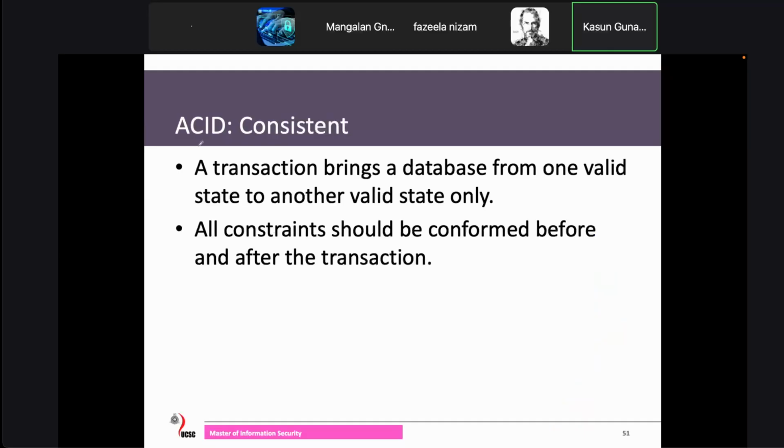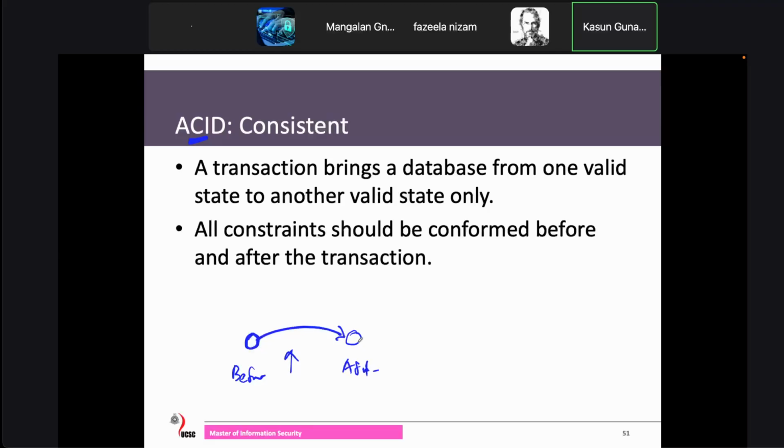Then C, consistent. A transaction brings a database from one valid state to another valid state. So after completion, it will go from one valid state to another valid state. All constraints should be conformed to before and after the transaction. So this is where the transaction happens, this is before and this is after.